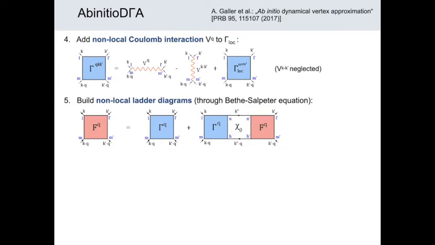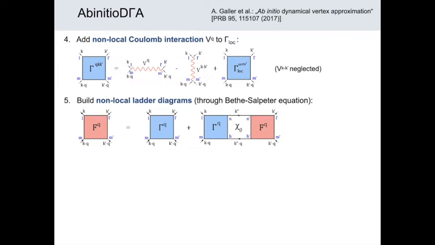And then I use this building block, which is now the local irreducible vertex function, this Γ supplemented with the non-local Coulomb interaction. I use it to construct non-local ladder diagrams through the Bethe-Salpeter equation. In this way, again, I obtain the full vertex function, which is this F of q.